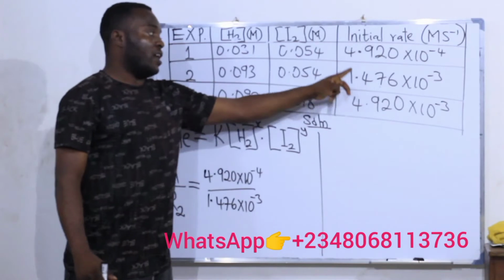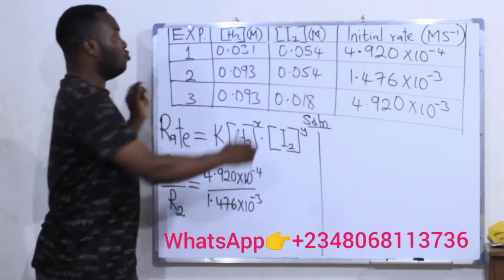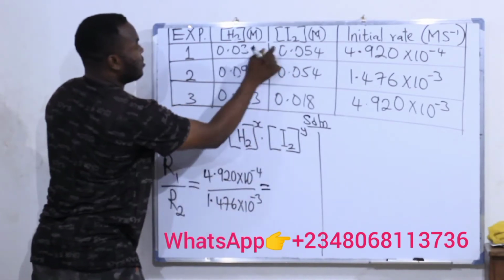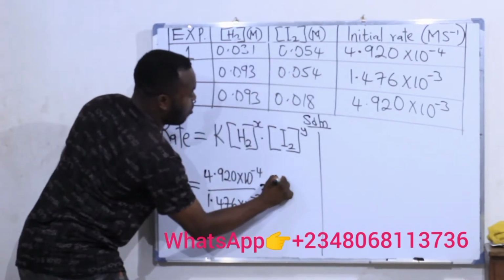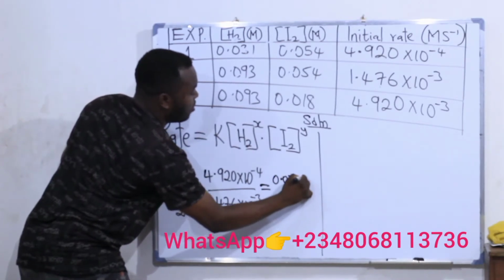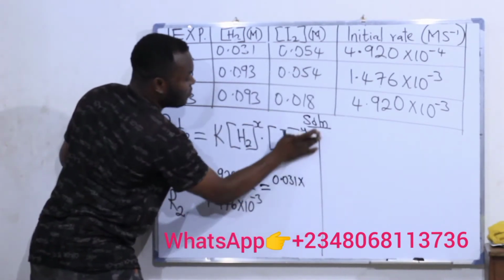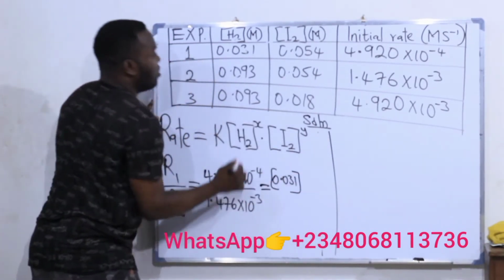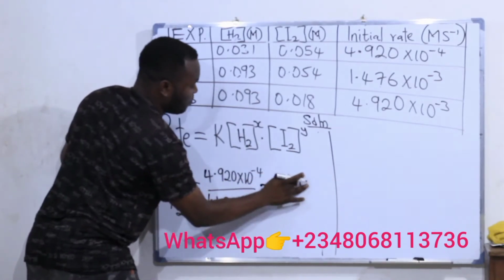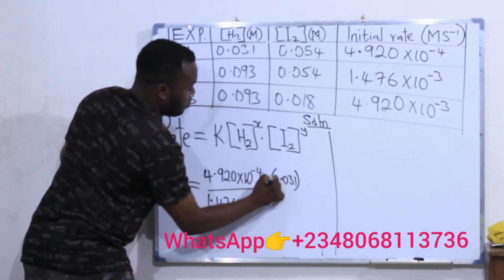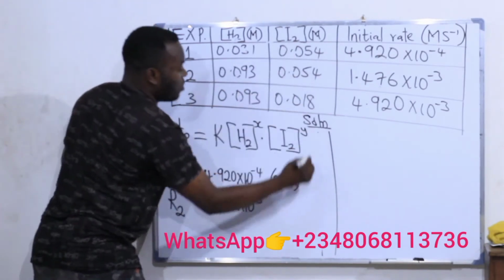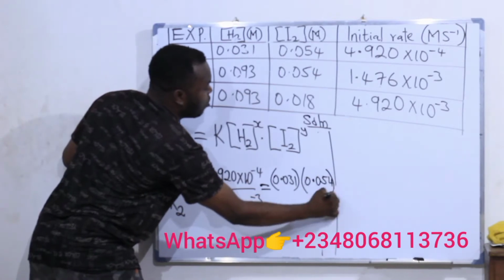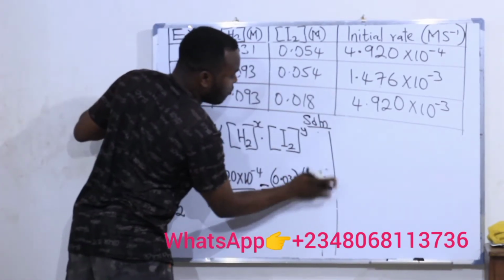If I do rate over rate, it will be equal to concentration over concentration, so it will be 0.031 multiplied by 0.054.